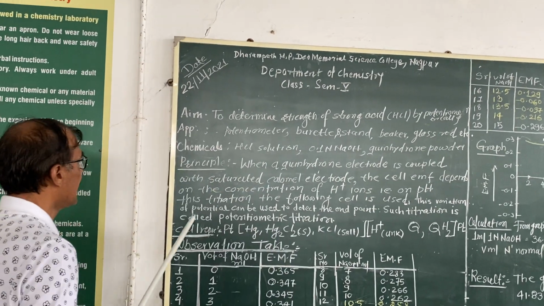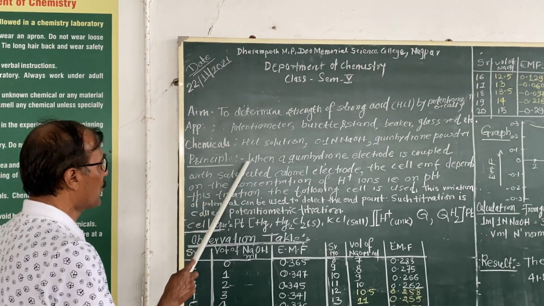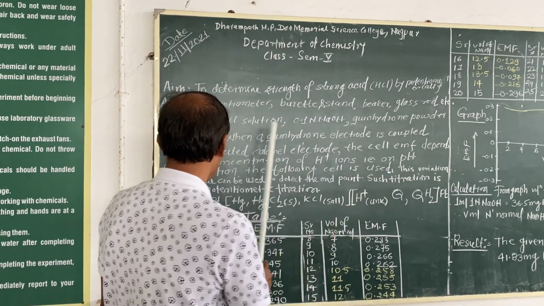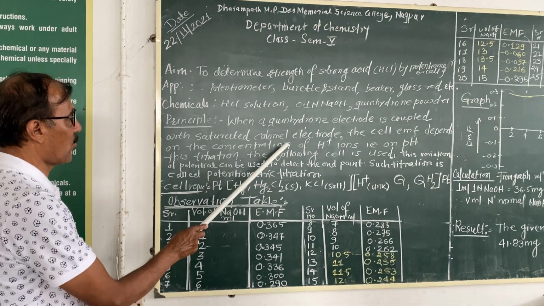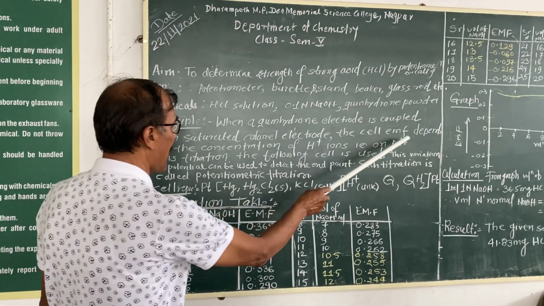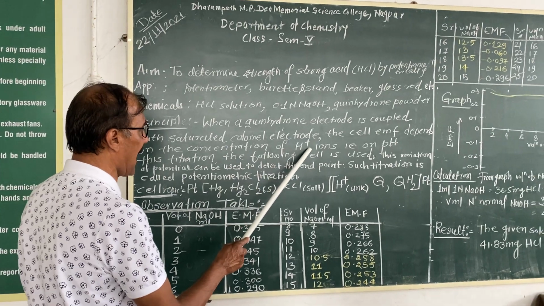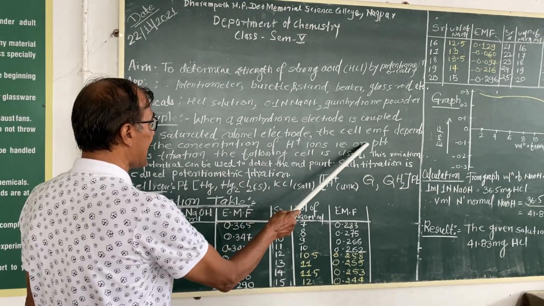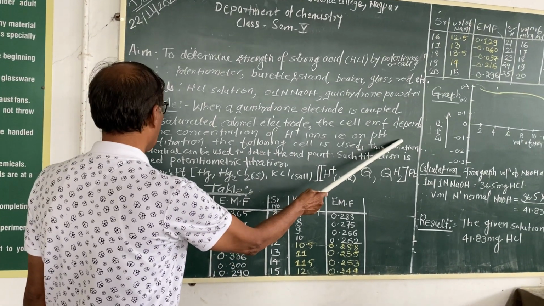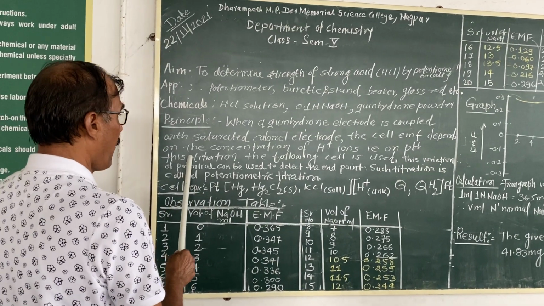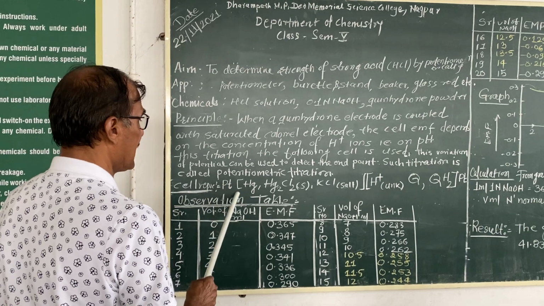The principle here: when the quinhydrone electrode is coupled with the saturated calomel electrode, the EMF of the cell depends upon the concentration of hydrogen ions, that is, on the pH of the solution. In this titration, the following cell is used.